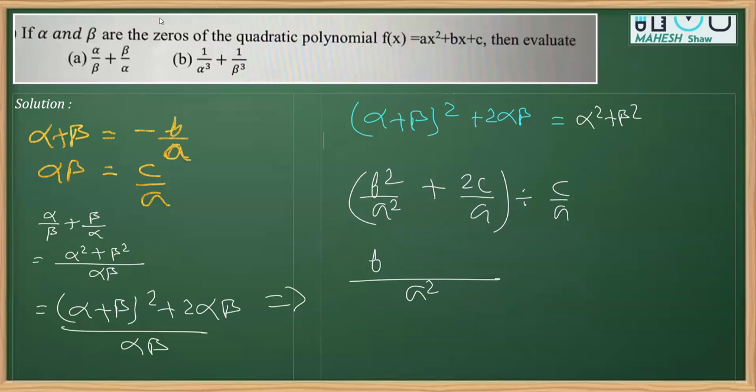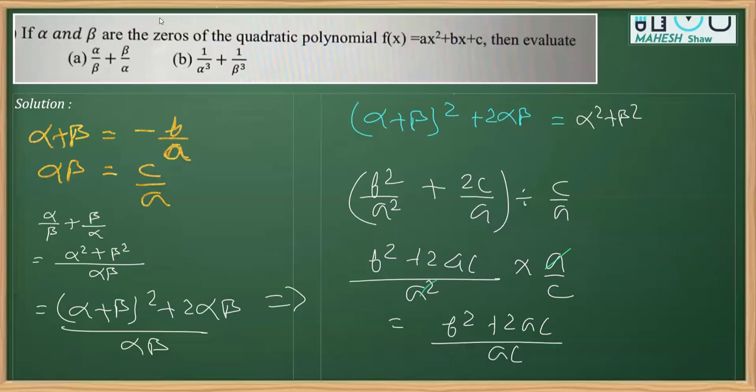Dividing is the same as multiplying with the reciprocal, so I can write this as a over c. Further, you can see that a gets cancelled. Therefore, the final answer for this will be b square minus 2ac over ac.